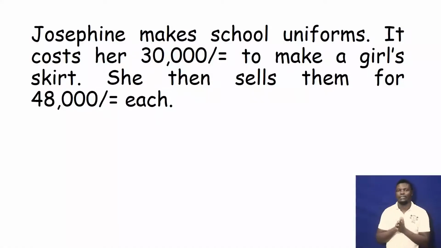Let's have another example. This time, calculating the profit. Josephine makes school uniforms. It costs Josephine 30,000 Uganda shillings to make a girl's skirt.